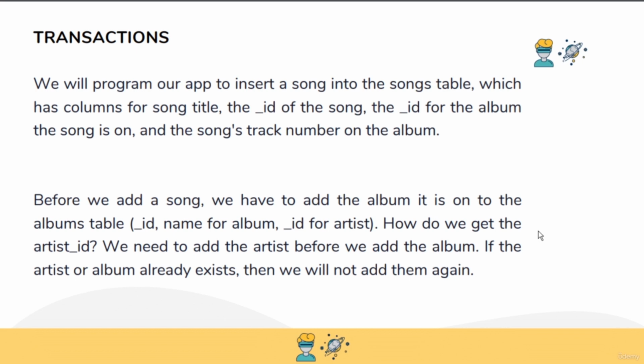How do we get the artist underscore ID? We need to add the artist before we add the album. That's the logic. If the artist or album already exists, then we will not add them again.